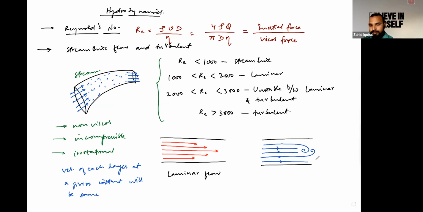Hence, the flow of liquid gets spiraled at that space, and this is called eddies formation. If there is formation of eddies in a particular flow of liquid, then it's called turbulent flow. So mainly we have these three different types of flow of liquid on the basis of these different characteristics.